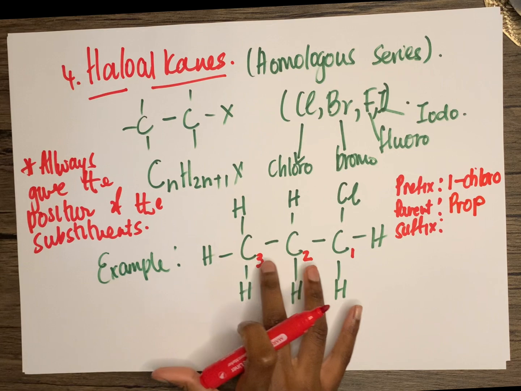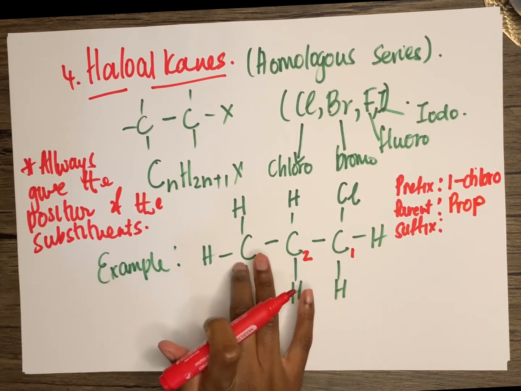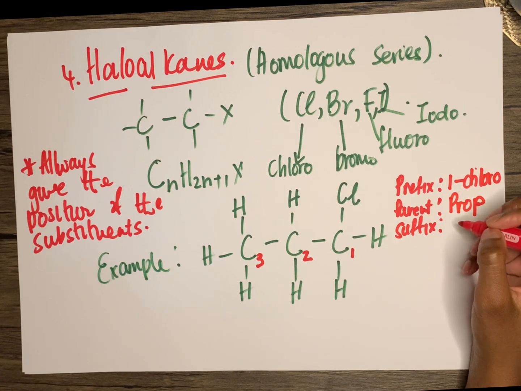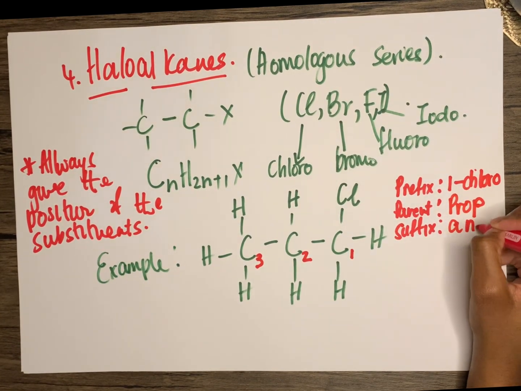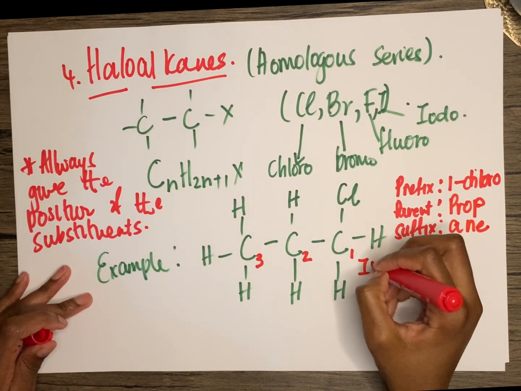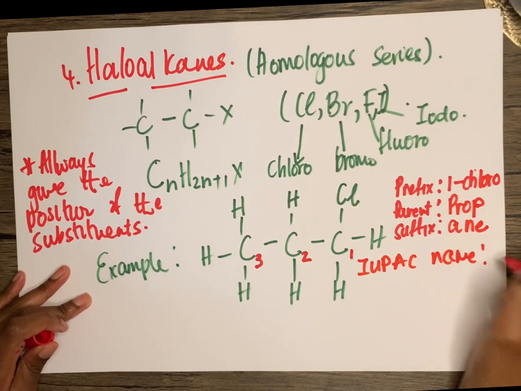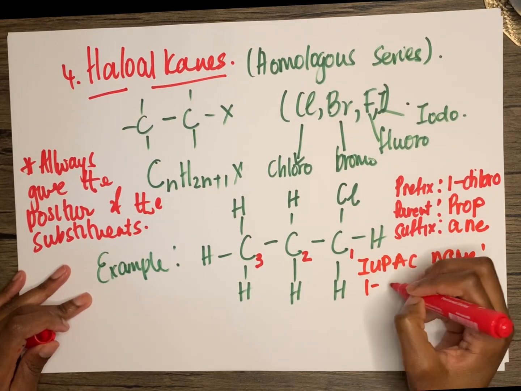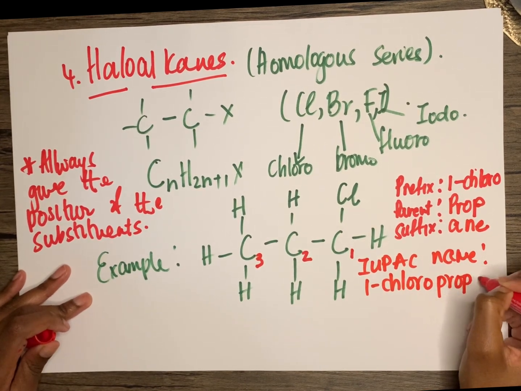And then there are no multiple bonds between carbon atoms. There are only single bonds, which means it's an alkane. So it's going to have a suffix of A. Now put everything together to write down my IUPAC name. It means the IUPAC name is going to be 1-chloropropane.